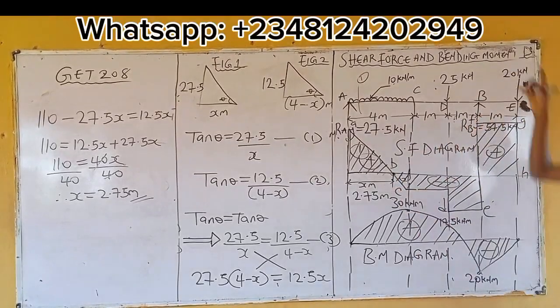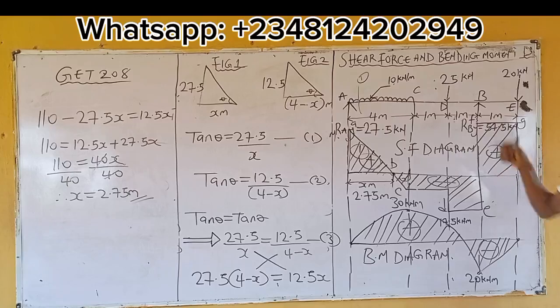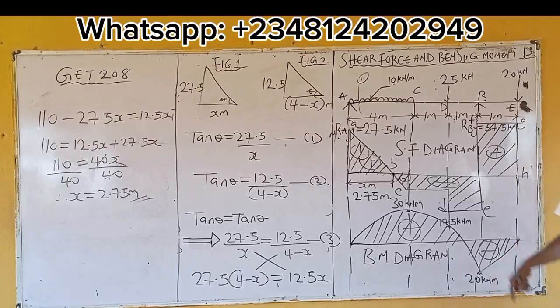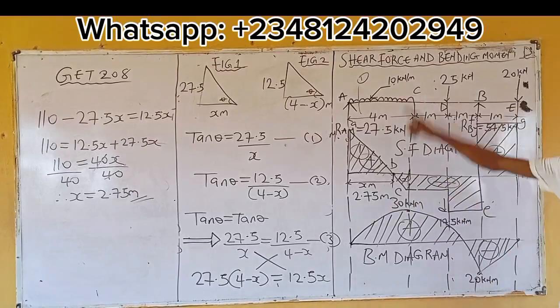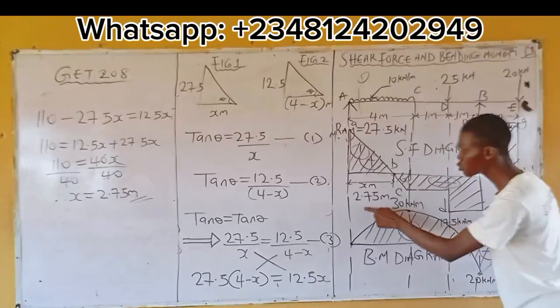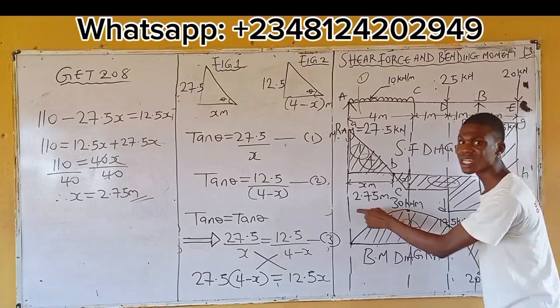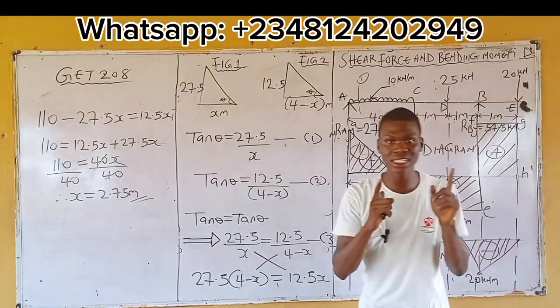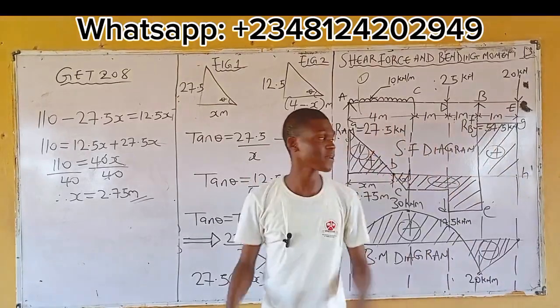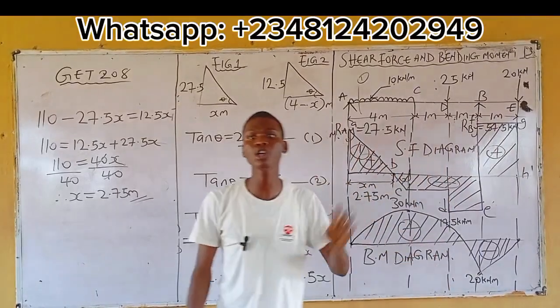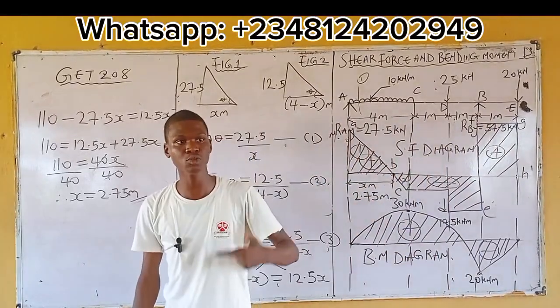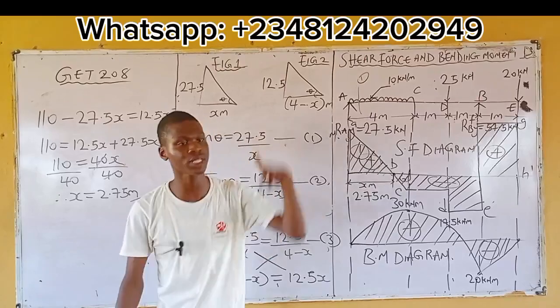If you do your bending moment calculation at 6.9, the value will be less than the 2.75 value, just because by calculation, you've seen that x equals 2.75 meter. So to get maximum bending moment, as far as this question is concerned, you can only obtain the value when x is equal to 2.75 meter.